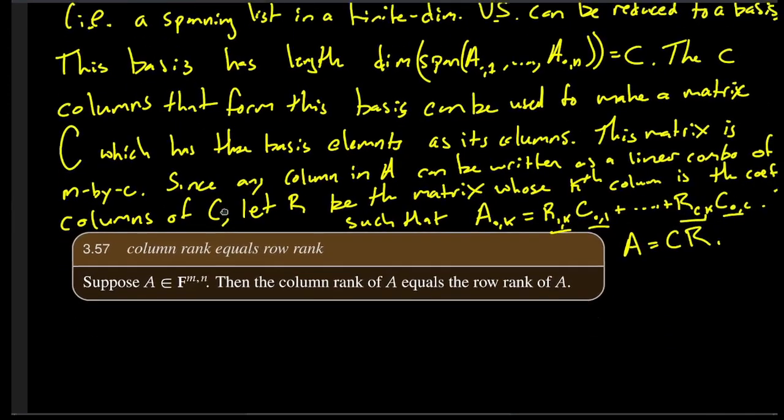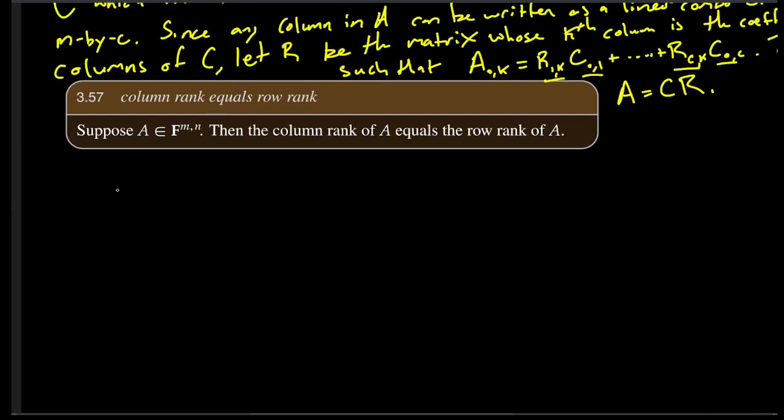So what are we going to do with this? Well, we're going to use it to show that an m by n matrix has column rank equal to its row rank. Let's prove this. All right, here's the gist.